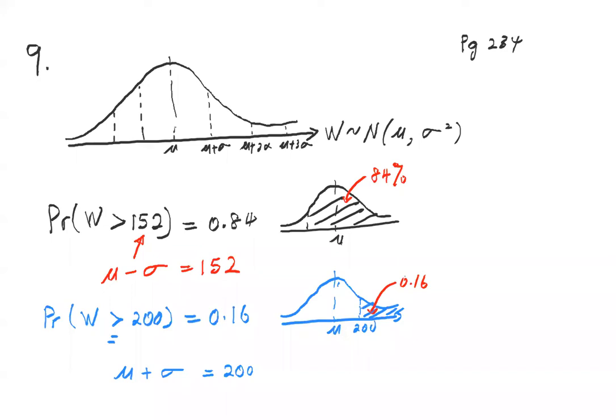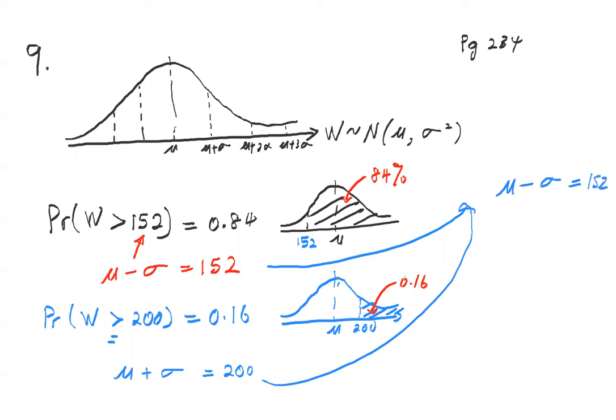So here is your 200, here is your 152. From here I can solve and get the mean and the standard deviation. So I add the two up.